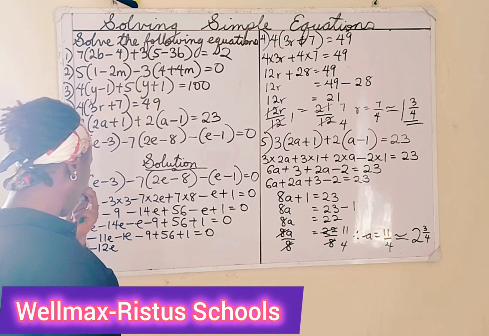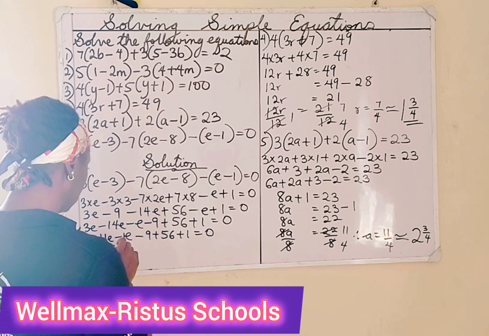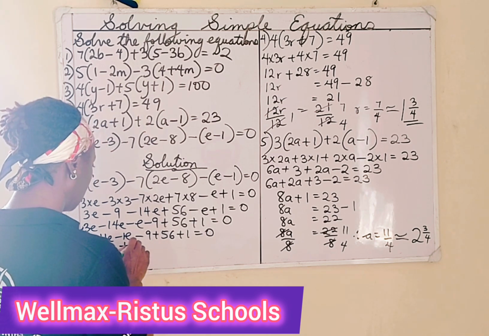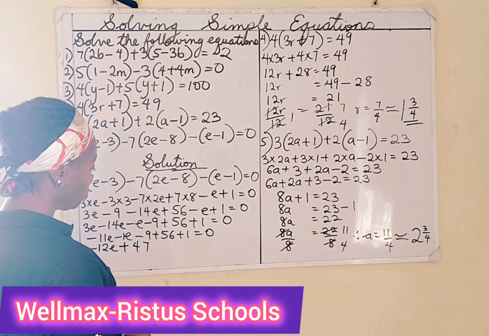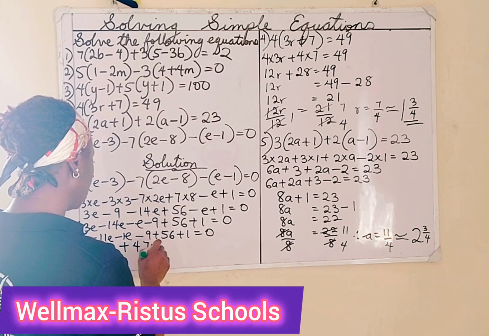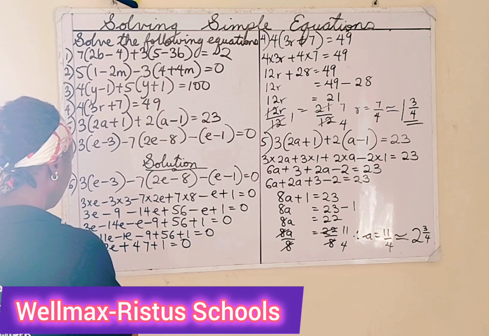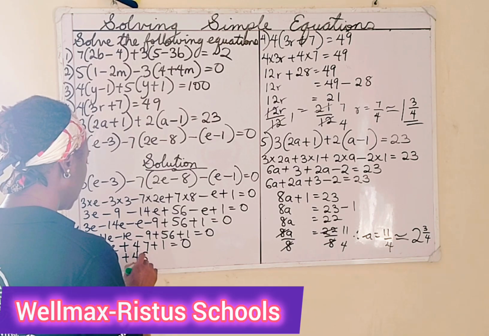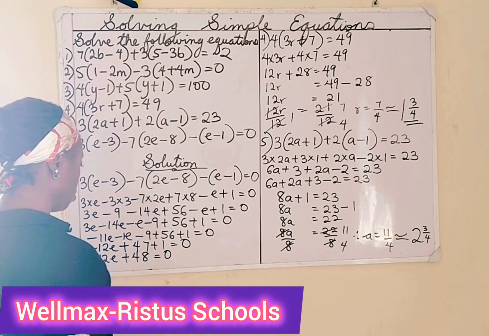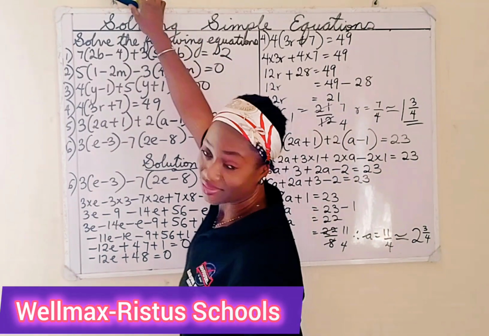That gives us plus 47, right? Then plus 1 equals 0. Minus 12e plus 48 equals 0. I hope we're following.